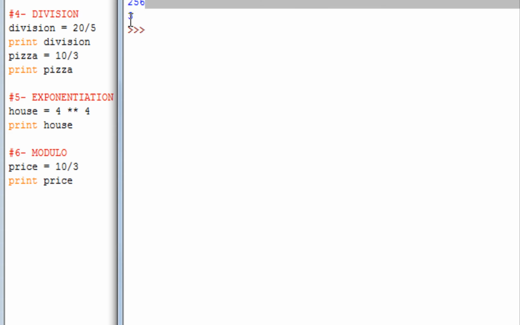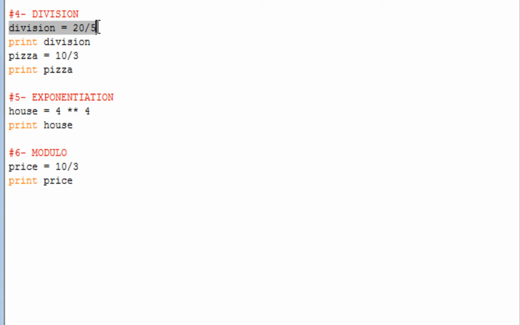Look at that. Now some of you might be asking what's different between modulo and division. If you're using an int, there really isn't anything different. It's pretty much the same thing, but if you're using a float, and a float is basically you just put a 0.0 at the end, then they become two different things. So it just rounds it off.